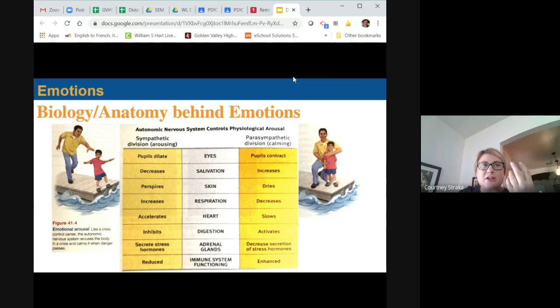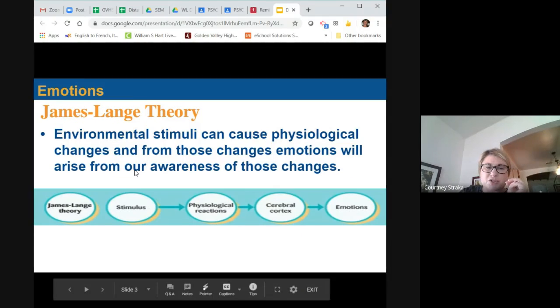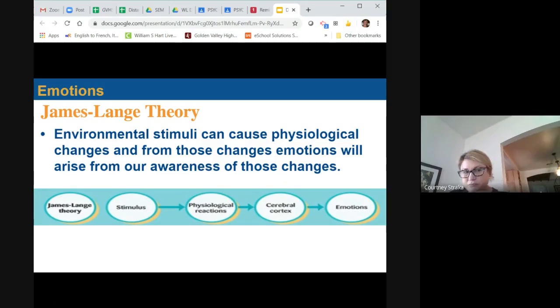Just keep in mind that your body is a big part of this. We've got that nature piece to it, where these things are happening in your body. And this is going to make a difference when we talk about three main theories of emotion. Here's the first theory, the James-Lange theory.